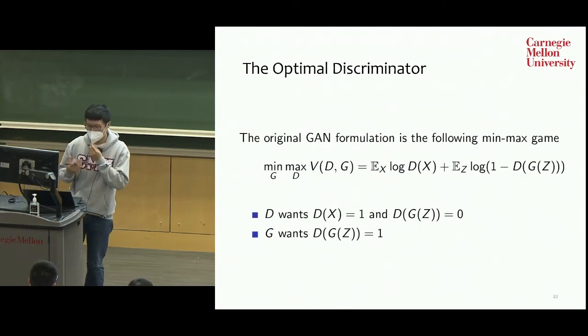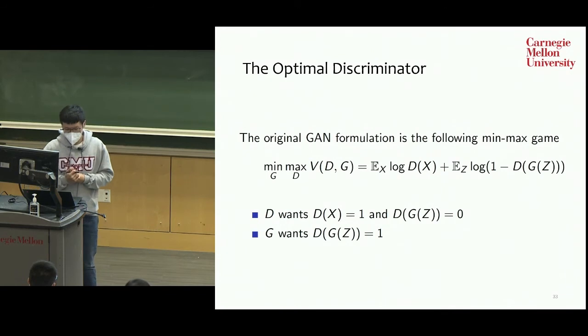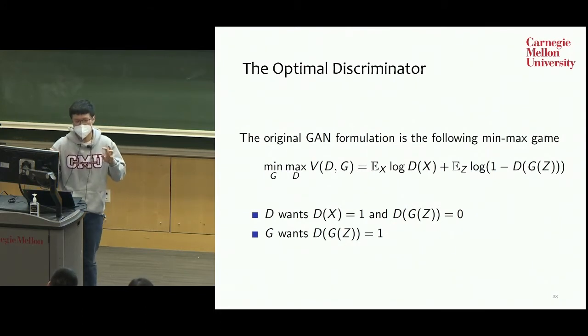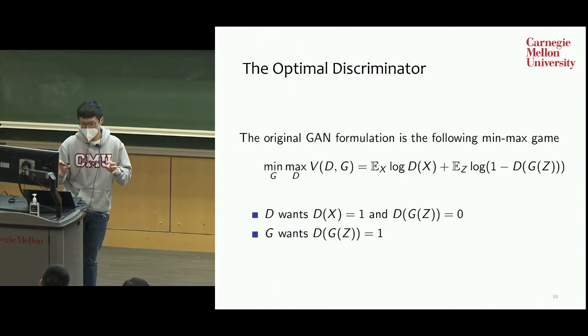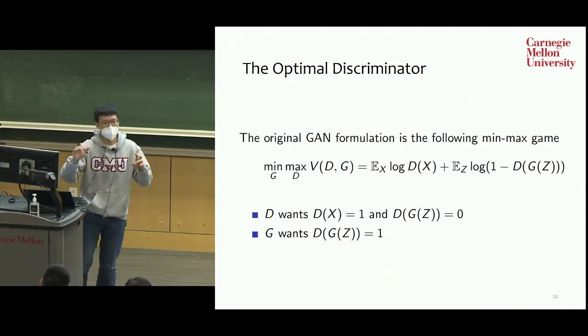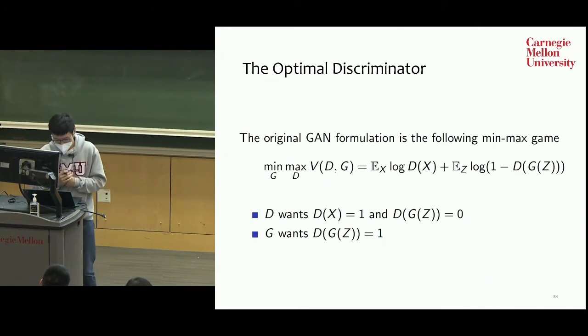Right, so let's look at the original GAN formulation. As Manish mentioned, it is a zero-sum game, so it's a minimax game. The generator wants to maximize the chance that it fools the discriminator, while the discriminator, I think in this formulation, wants to maximize the chance that it can discriminate between the fake and real images, while the generator wants to minimize the chance that the discriminator can do so.